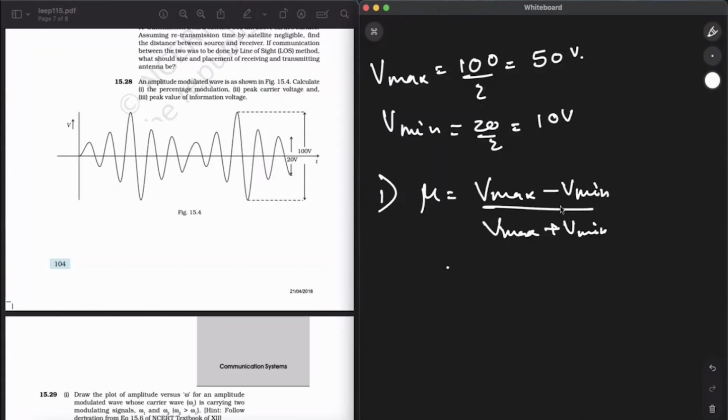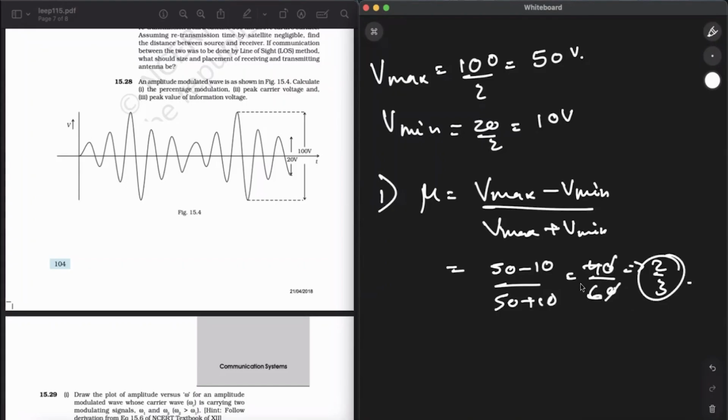Vmax minus Vmin will be 50 minus 10, 50 plus 10, 40 by 60, 2 by 3. Multiplied by 100, you'll get 66.67%.